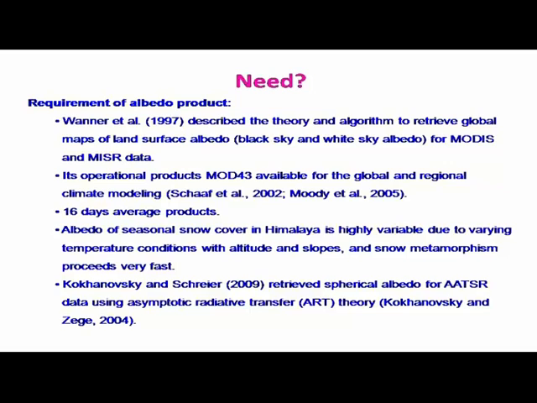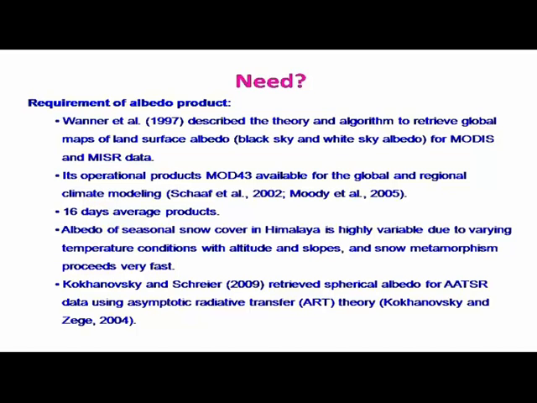But in case of our Himalaya, there is a lot of variation in the seasonal snow cover, and the albedo changes very fast because of different altitudes, slopes, and snow metamorphism in our area.